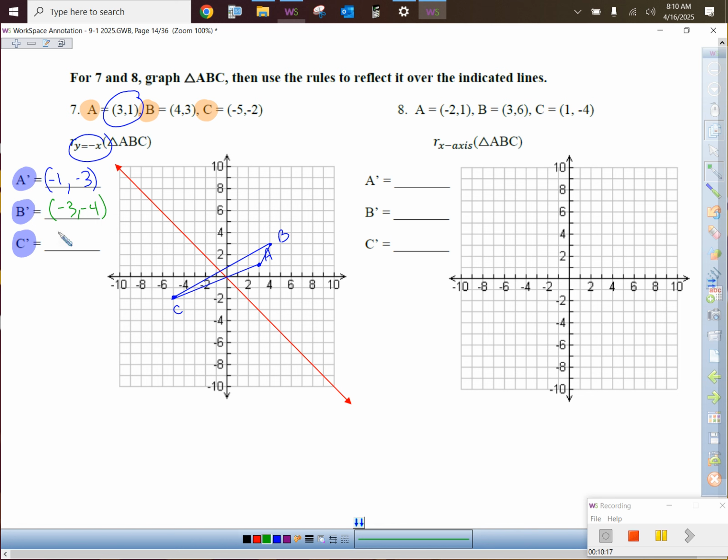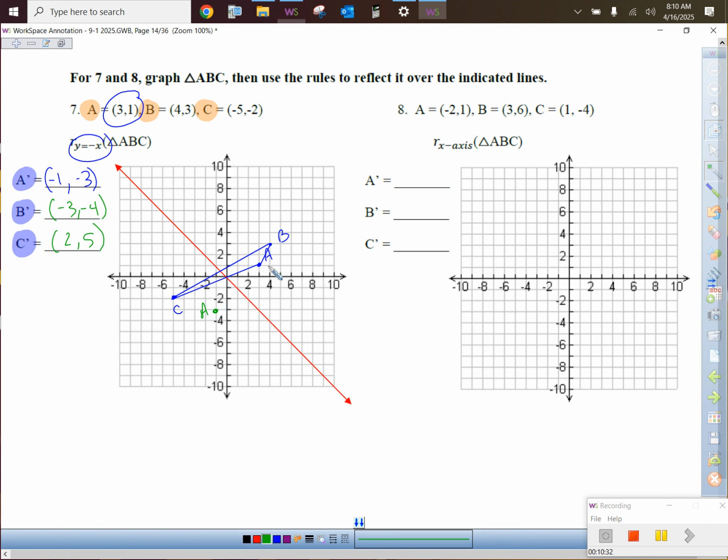And C. Then we'll plot those guys, and it gets a little messy because we've got to put those primes. So A prime is at -1, -3. We'll put A prime. And before I go any further, I let my brain tell me if I did it right.